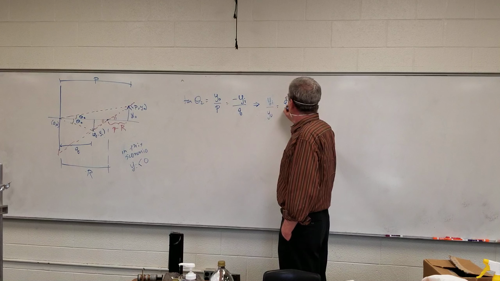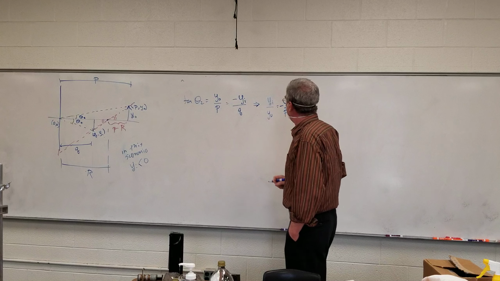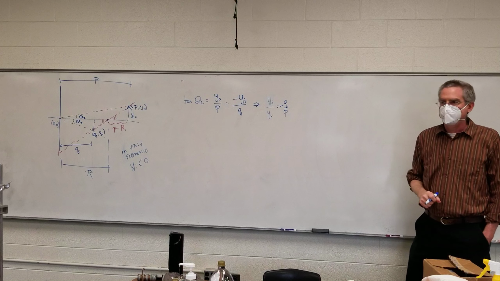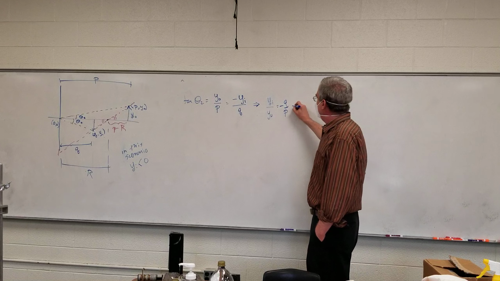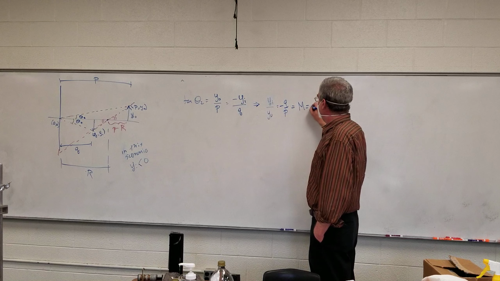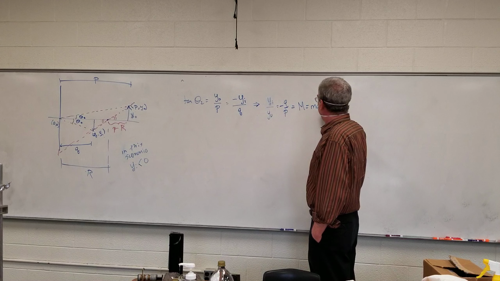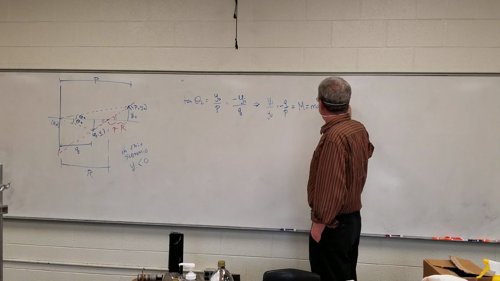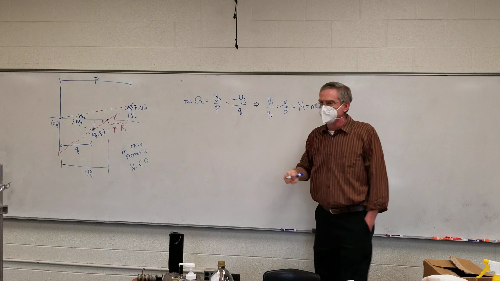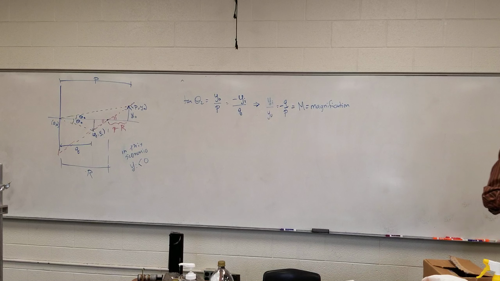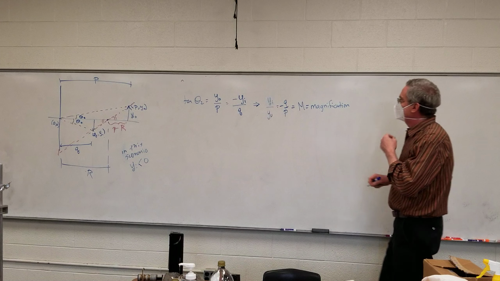And so that's negative Q over P. And this is known as the magnification. Magnification could be positive or negative. A negative magnification means that the object and the image, one is an inverted form of the other. That's Q over P.